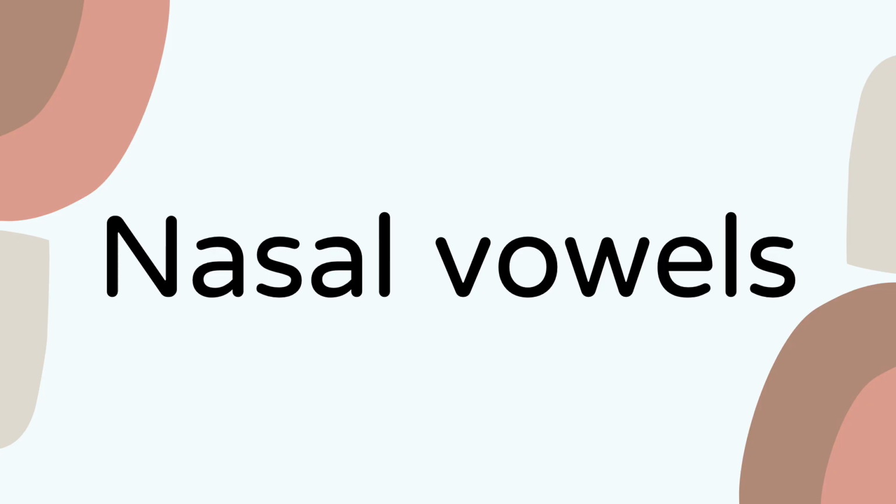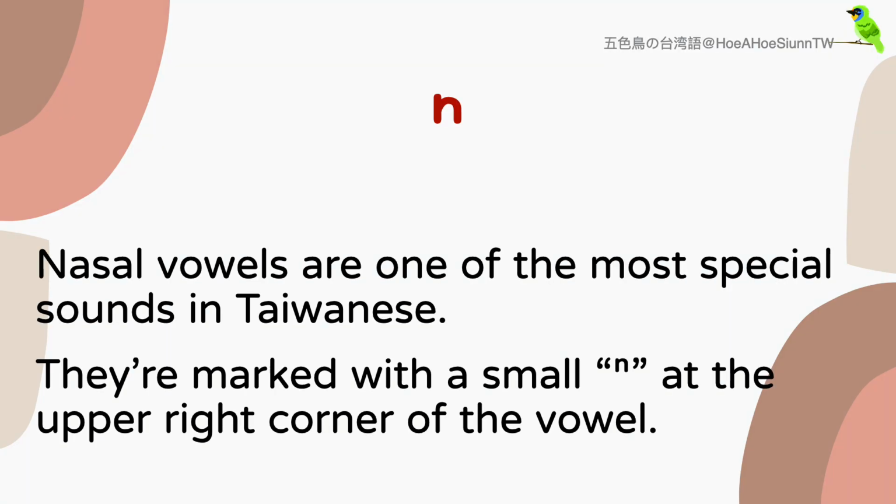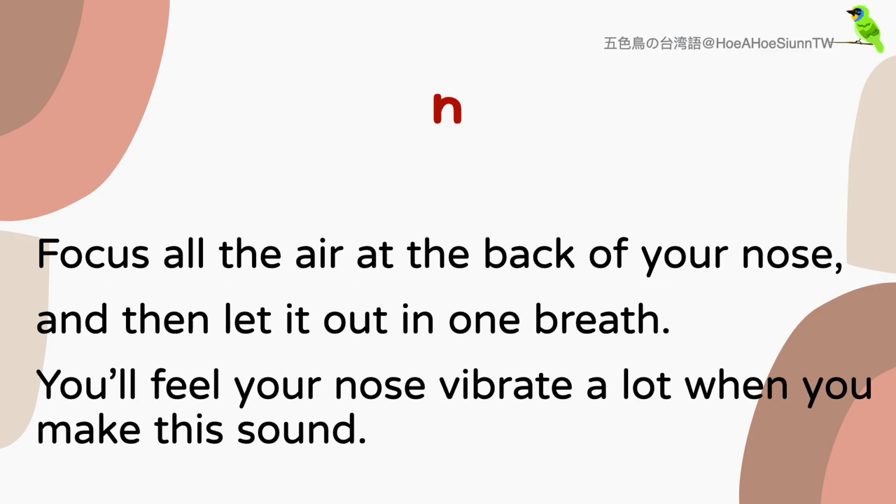And now let's learn nasal vowels. Nasal vowels are one of the most special sounds in Taiwanese. They are marked with a small N at the upper right corner of the vowel. Focus all the air at the back of your nose and then let it out in one breath.